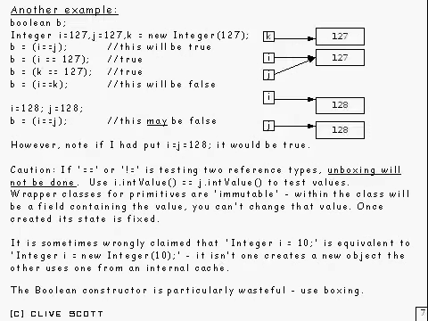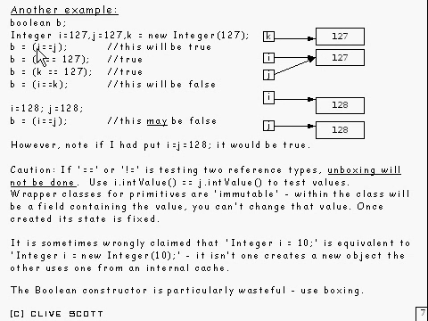Let's look at some more examples to demonstrate the sort of trap that beginners often fall into. Here we've got i and j, two Integers that have been created using boxing, so i and j are both going to refer to the same object. If we do k = new Integer(127), that will refer to a completely different object.